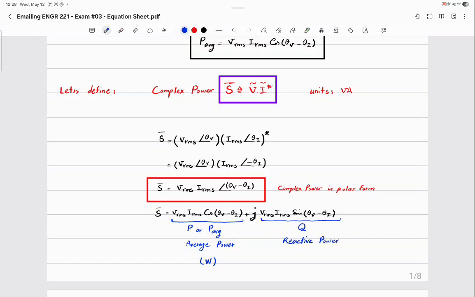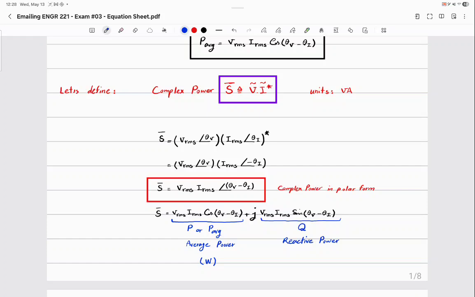And can you tell me why we need this reactive power sometimes in our calculation? Because it represents inductors and capacitors, okay? The average power alone cannot have any contribution from inductors and capacitors. That's why we bring the reactive power.